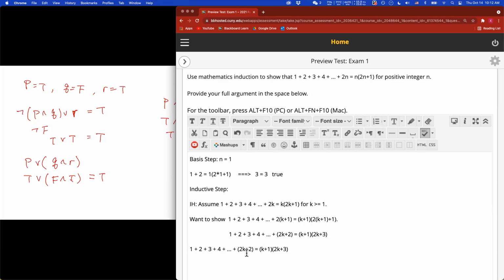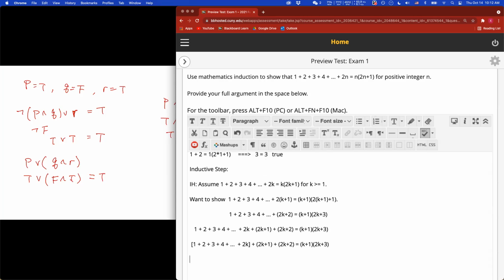So the term before 2k plus 2 is 2k plus 1, and the term before 2k plus 1 is 2k. So from 1 up to 2k, you know this by the inductive hypothesis.